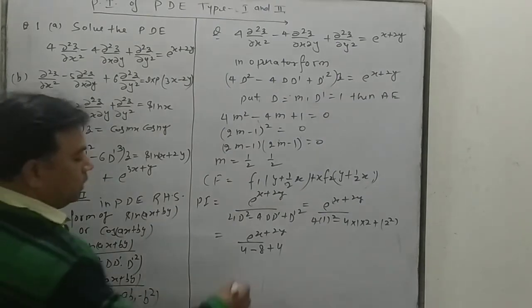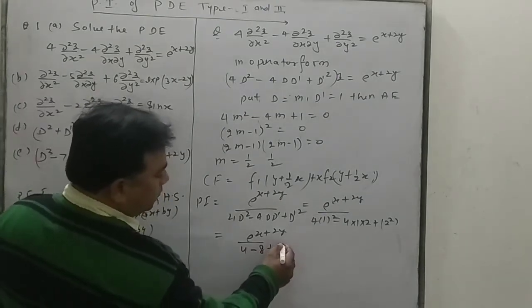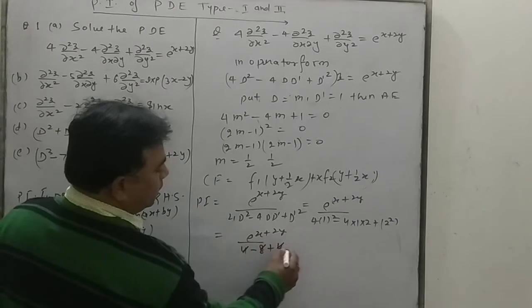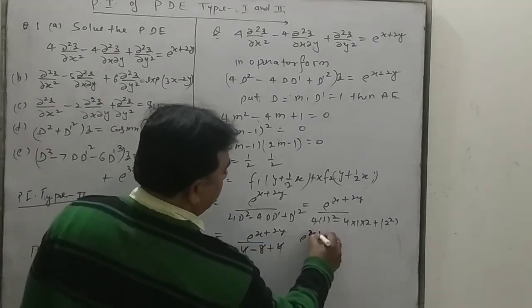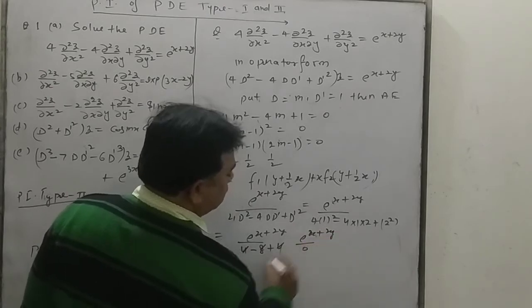That is 4 minus 8 plus 4 equal to 0, so e to the power x plus 2y upon 0.